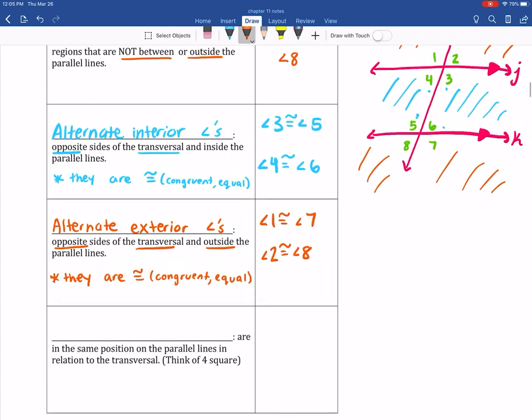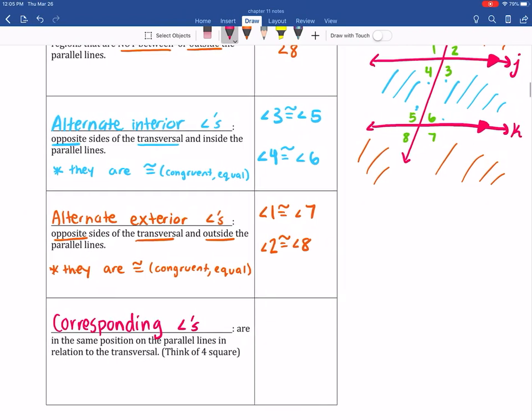And the last one we have are corresponding angles. Okay, corresponding angles are in the same position on the parallel lines in relation to the transversal. So I put here, think of Foursquare.